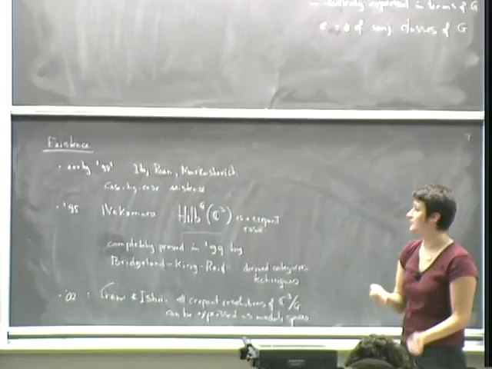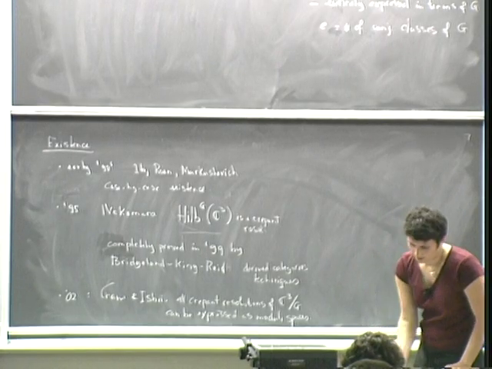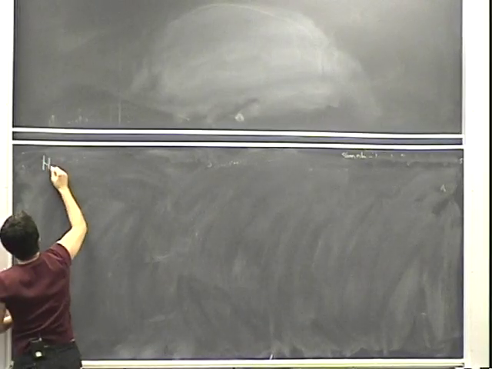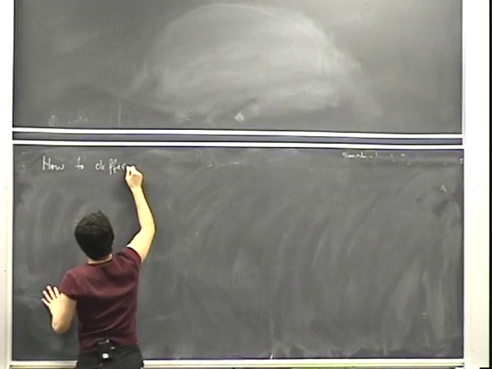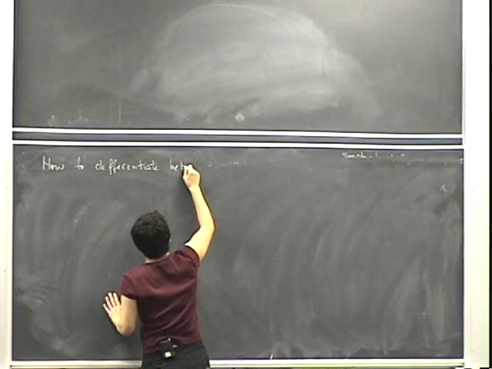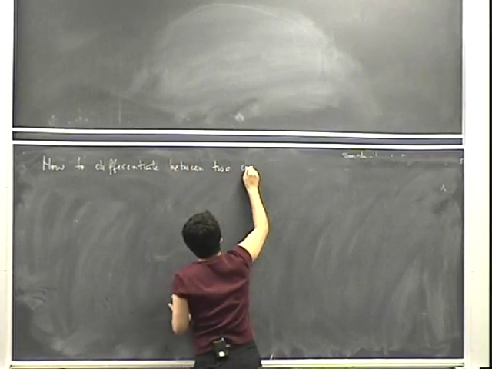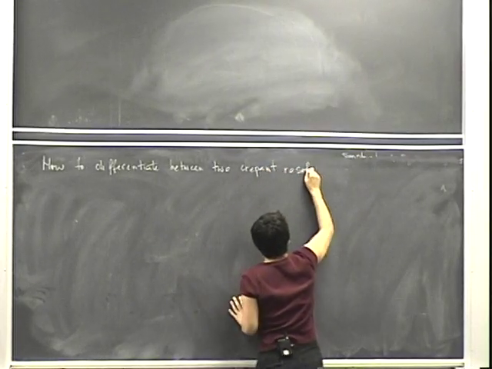How do we tell them apart? How do we differentiate between two Crepant resolutions? So this is the next question: how to differentiate between two Crepant resolutions.